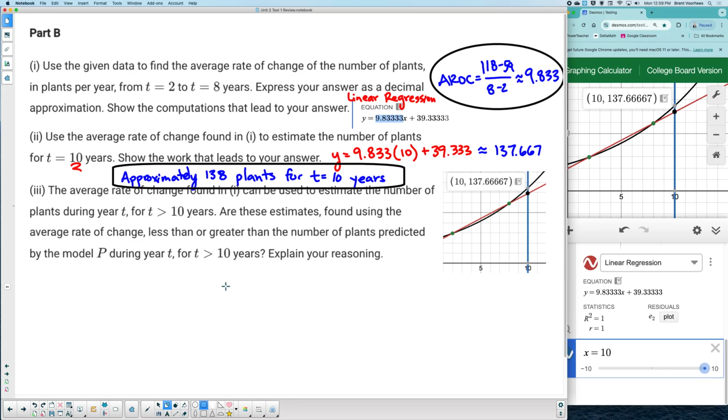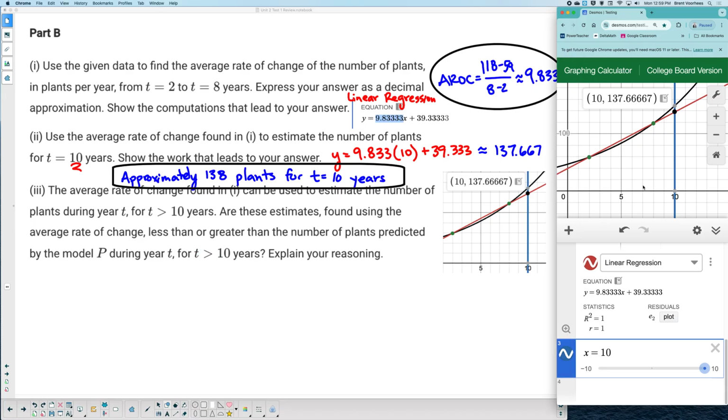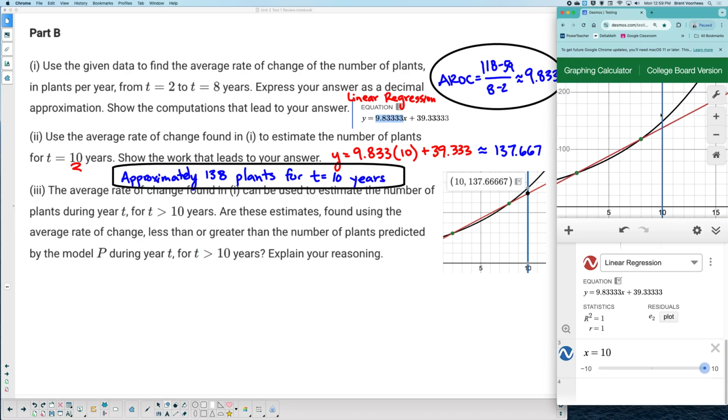Okay, it says the average rate of change found in I can be used to estimate the number of plants for t when t is greater than 10 years. Are these estimates found using the average rate of change less than or greater than the number of plants predicted by the model P for year t, for t greater than 10 years? Okay, so I want you to explain it to me from this. Here's t equals 10 years.